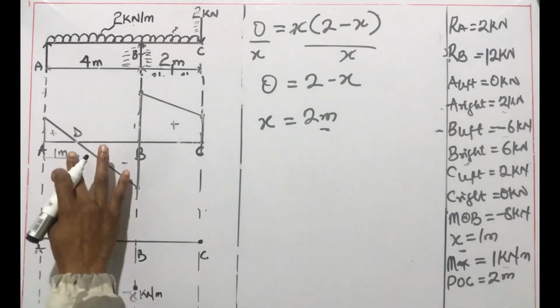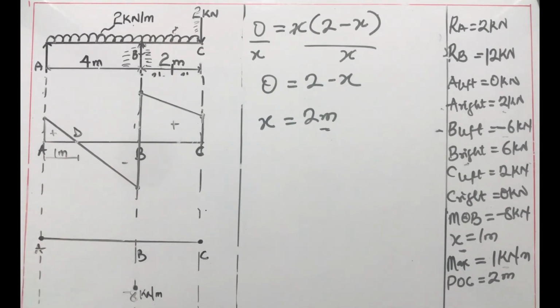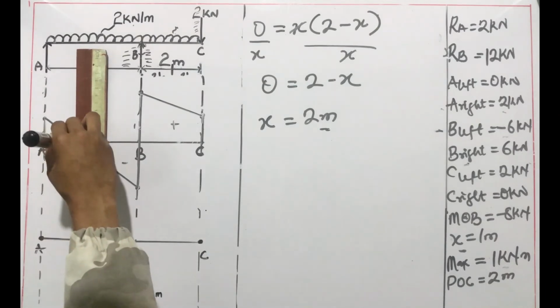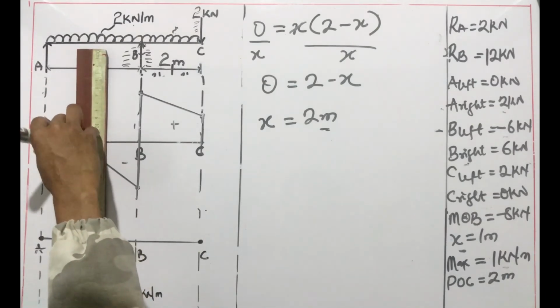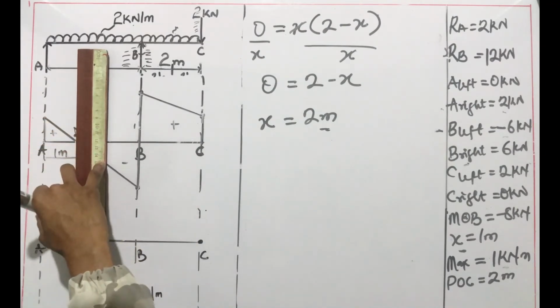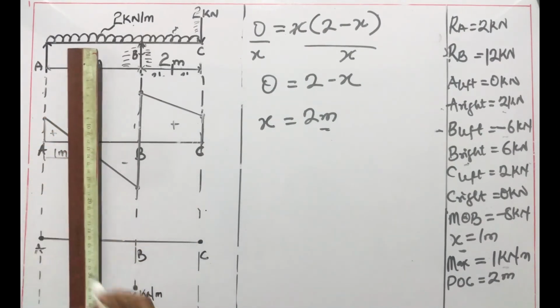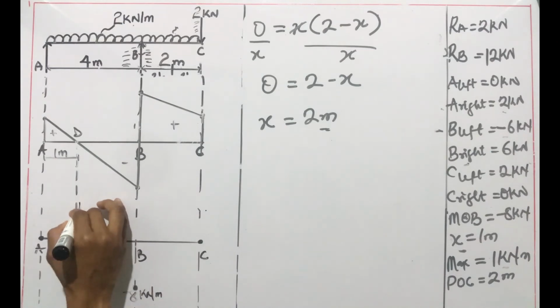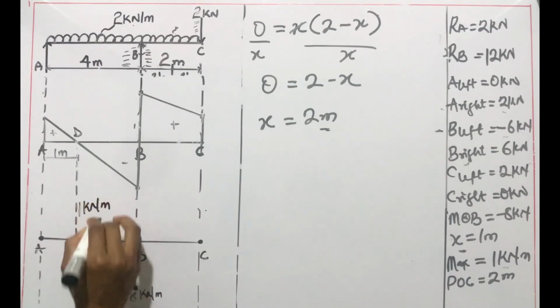We're also going to note the point of contraflexure and also the maximum bending moment. Now we're going to draw down the maximum bending moment line. So here we're going to mark out the maximum bending moment, which is 1 kilonewton meter.